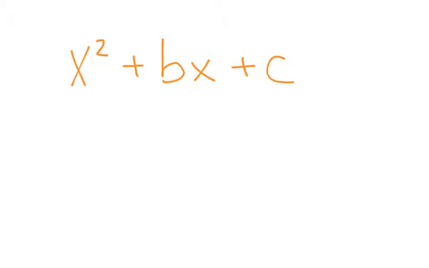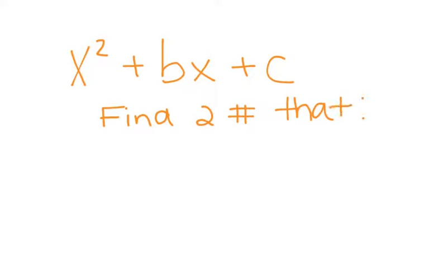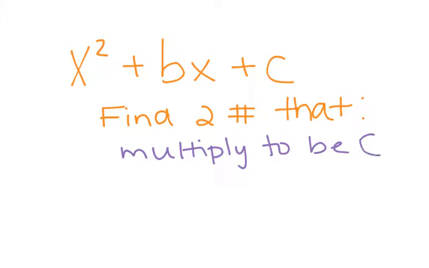So when we are factoring this, to factor, we find two numbers that multiply to be C, and so I'm going to write that you realize that it has to do both these things.